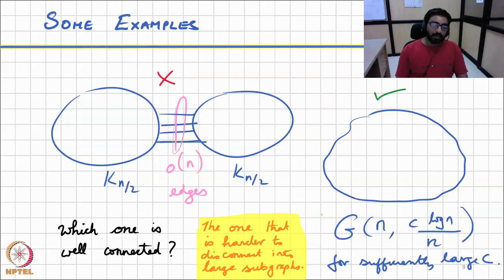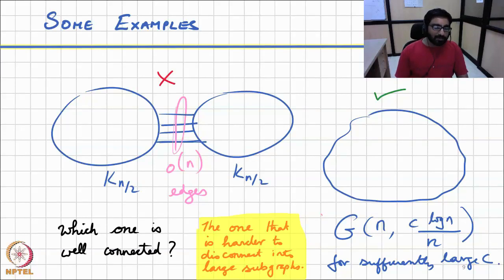If you look at the Erdős-Renyi graph, any which way we try to partition it into two large subgraphs, the number of edges connecting those two subgraphs is going to be big omega of n log n. Whereas if you look at this other graph with two complete subgraphs, the number of edges connecting those two subgraphs is only O of n, or even little o of n.